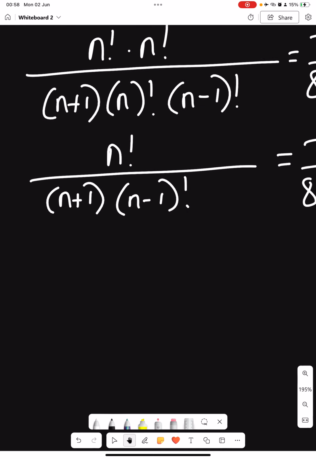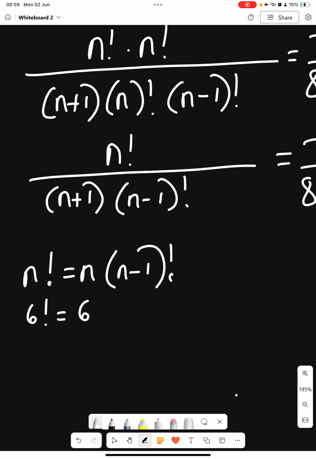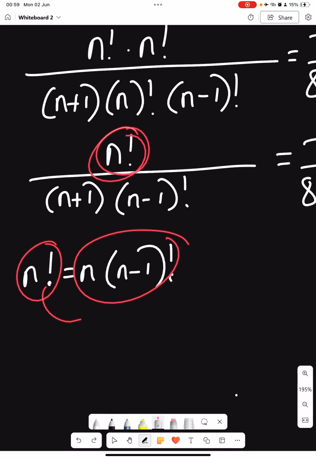Right? But we know that n factorial can be written as, remember we said we take this first, which is n, and then we say n minus 1 factorial. It's like here, if I had 6 factorial, I can write it as 6 multiplied by 5 factorial. Alrighty. So now I'm going to replace this guy with that, because this and that are exactly the same.